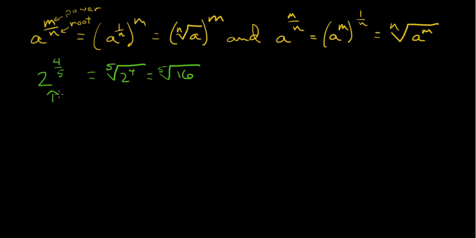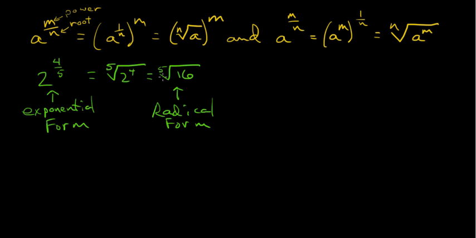This is the exponential form, not surprisingly. This is the radical form, because you have a radical, of course. And finally, say you got the cube root of 13 to the second power.